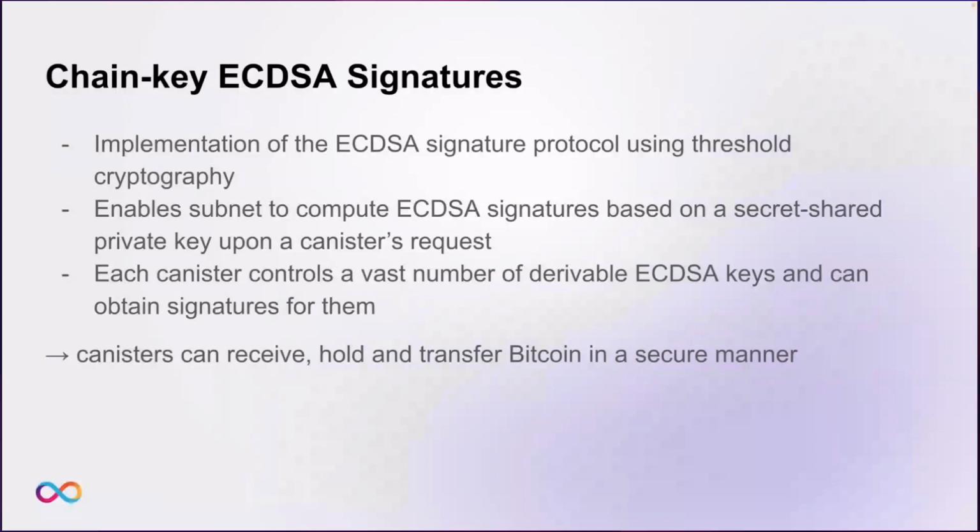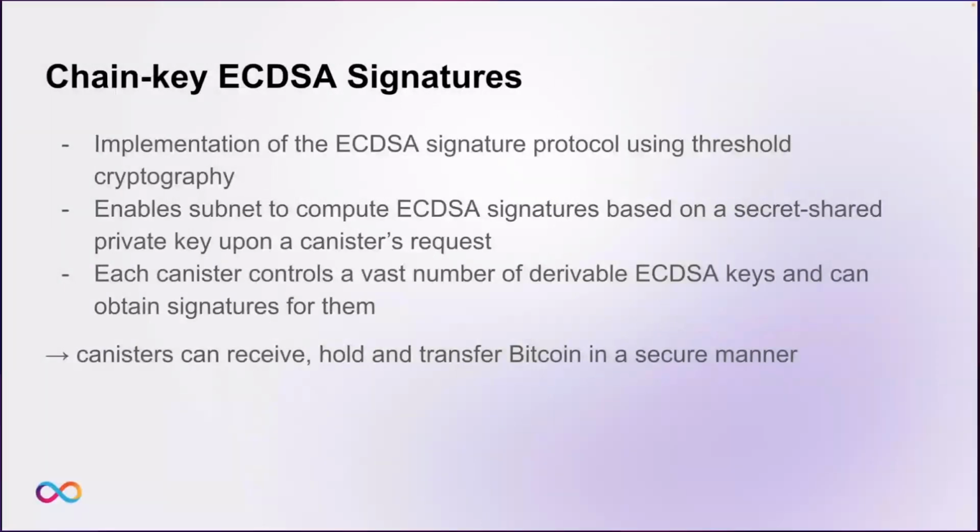So to be able to sign a message with the secret key, these machines or nodes or replicas must agree to sign a message and coordinate with one another to generate a signature in a distributed fashion. It's important to mention again, the private key never exists in reconstructed form, but only in its secret shared form, even when signing messages.